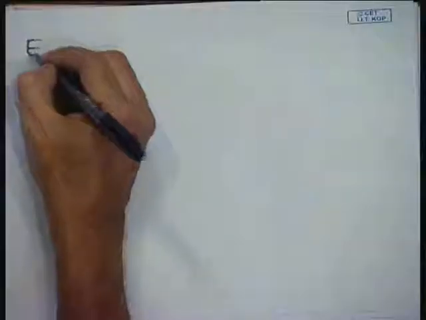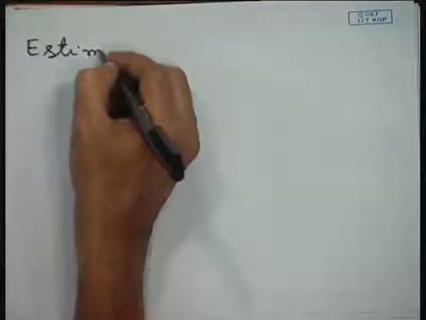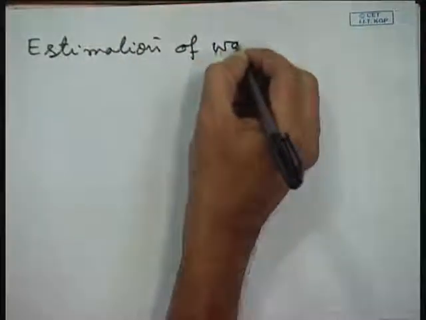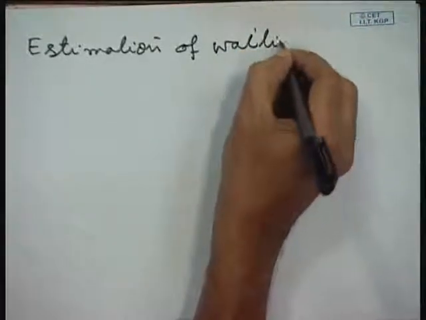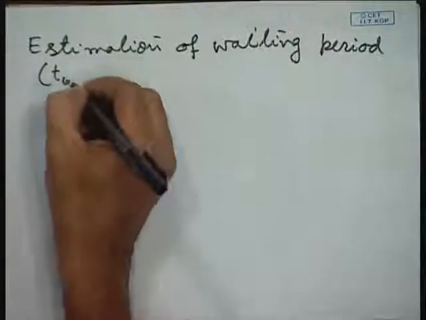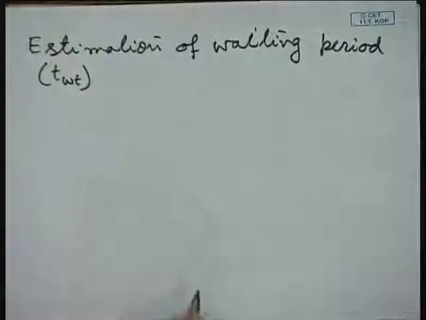Now, here one can make one assumption. Suppose I want to estimate the waiting period. So, basically this is t_WT, I want to estimate the waiting period.